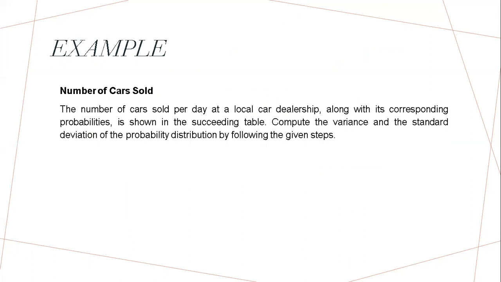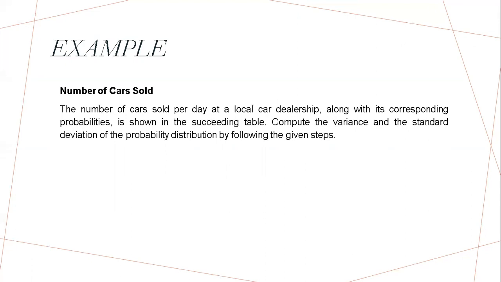So compute the variance and the standard deviation of the probability distribution by following the given steps. Okay. So yung problem na to, it's about the number of cars sold per day. Isang car dealership, no? So alamin natin, we are going to solve the succeeding table later. So, kunin natin yung variance at standard deviation using the 5 steps na sinabi ko kanina.